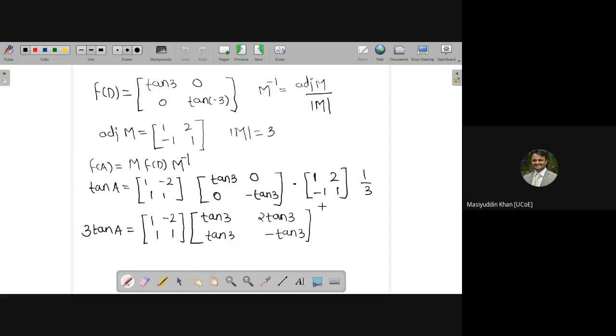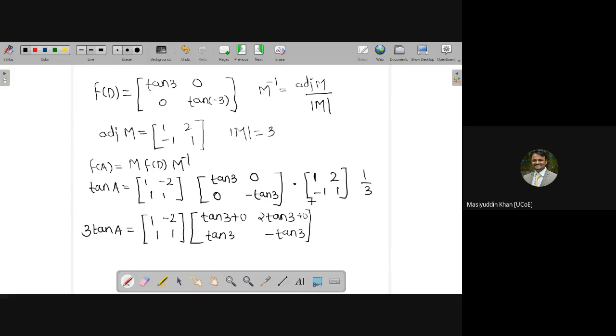So row into column. First row, first column: tan 3 into 1 is tan 3, plus 0 into anything is 0, so we can write 0 here. First row, second column: tan 3 into 2 is 2 tan 3, and 0 into 1 is 0, so again we write plus 0.